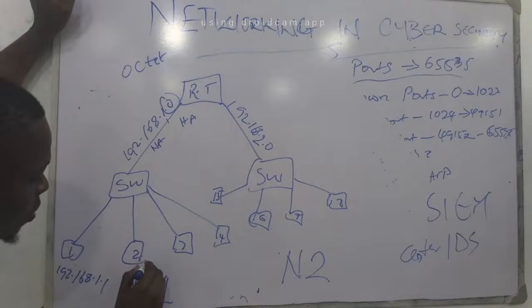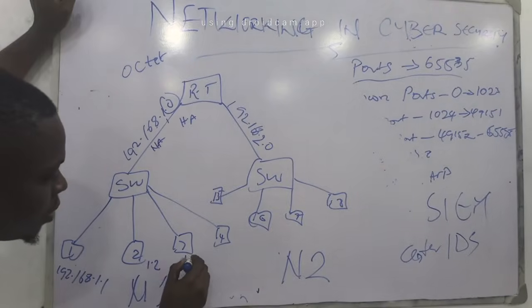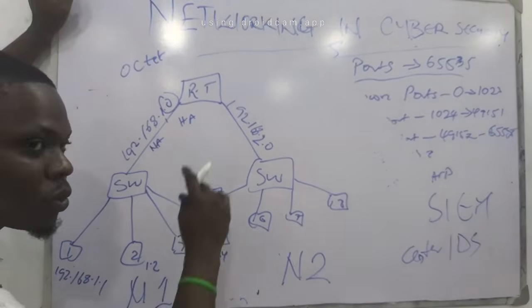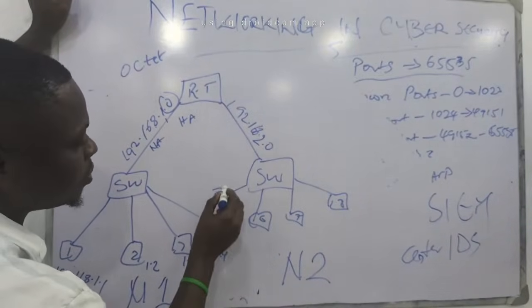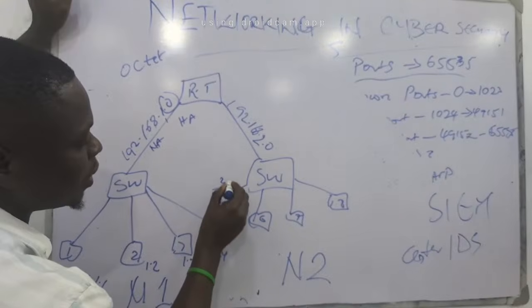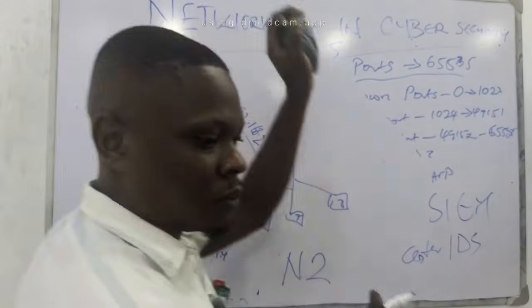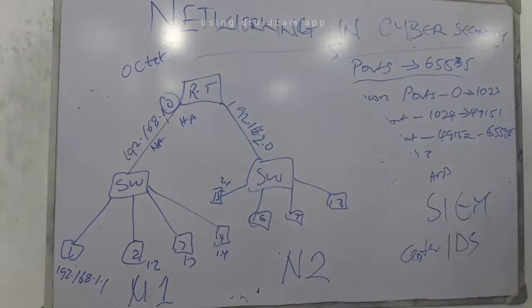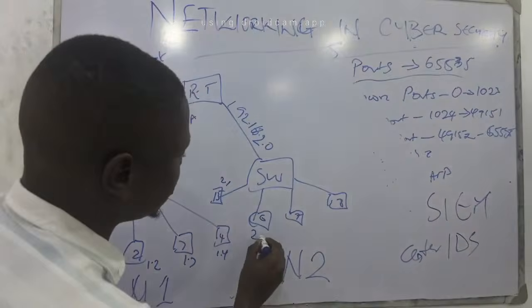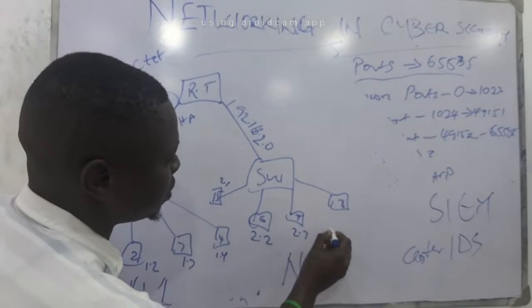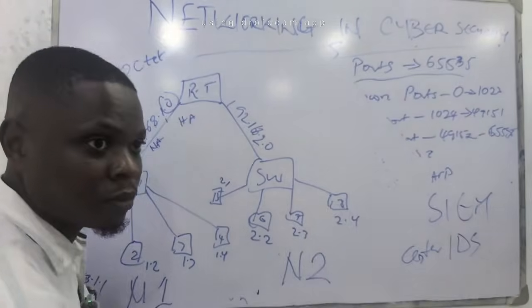This one becomes 1.2, 1.3, 1.4, and so on. This other one now becomes 2.1, 2.2, 2.3, 2.4. Right?